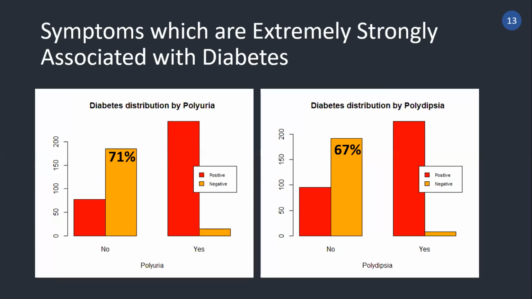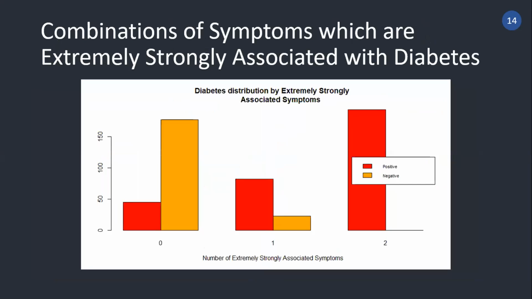For those who do not have these two symptoms, it is quite likely that the person will not have diabetes either. When we combine the cases, if the person has both symptoms, it is 100% certain that the person has diabetes. However, we cannot conclude that the person does not have diabetes if they do not have these two symptoms.